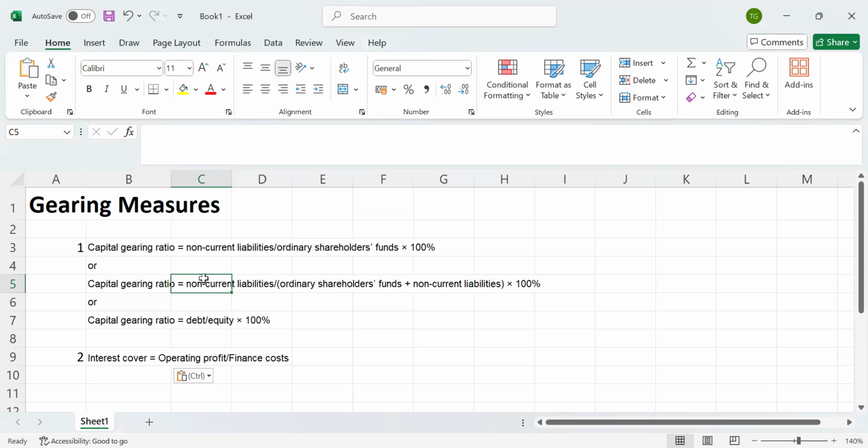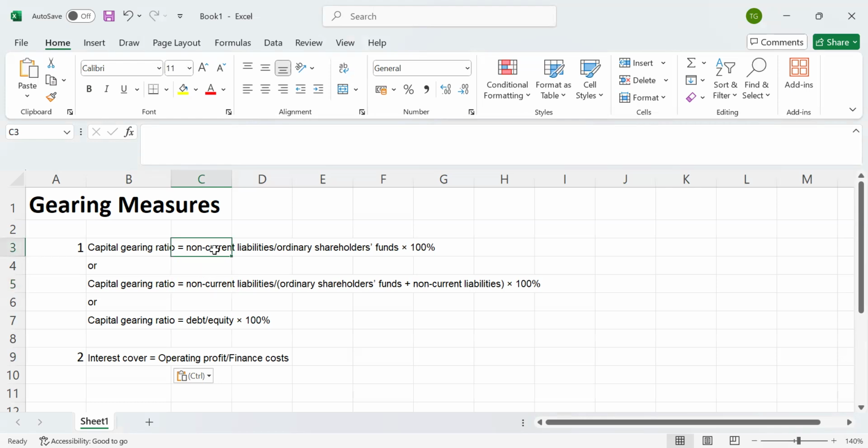Let's suppose I have 100 rupees in the business, out of that 60 is debt and 40 is my own money. So this ratio is going to be 60 divided by 100. That means 60% of the money in the business comes from debt, which is not a very good sign.